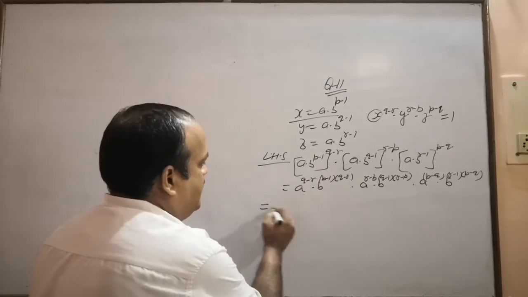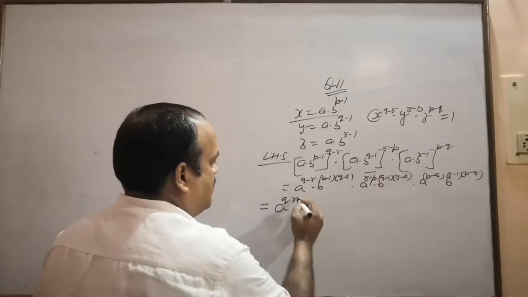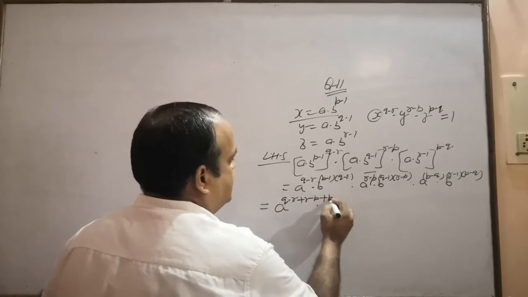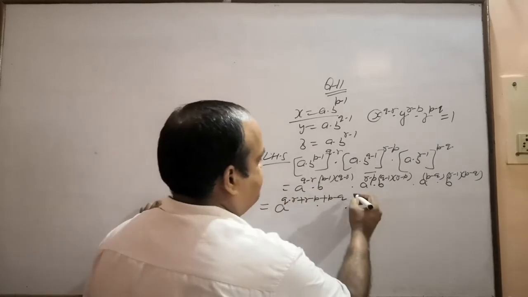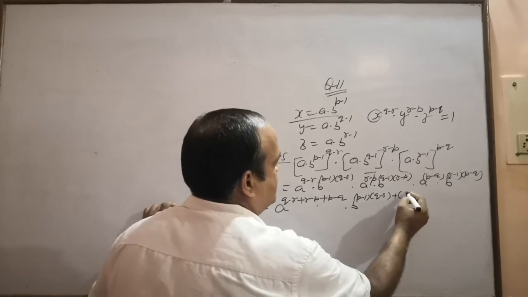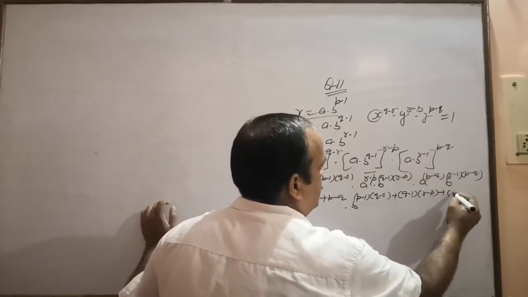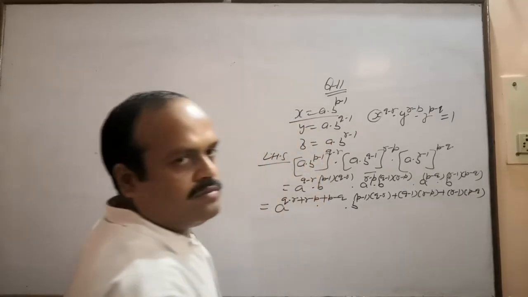So we will write here a to the power q minus r plus r minus p plus p minus q, then b to the power these two, p minus 1 into q minus r plus q minus 1 into r minus p plus r minus 1 into p minus q.